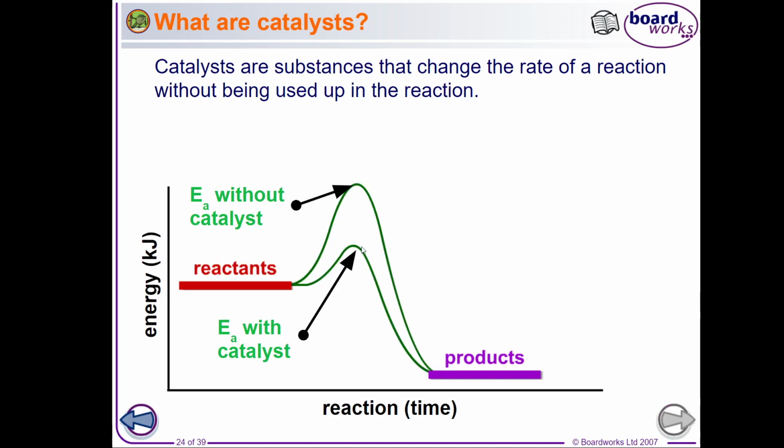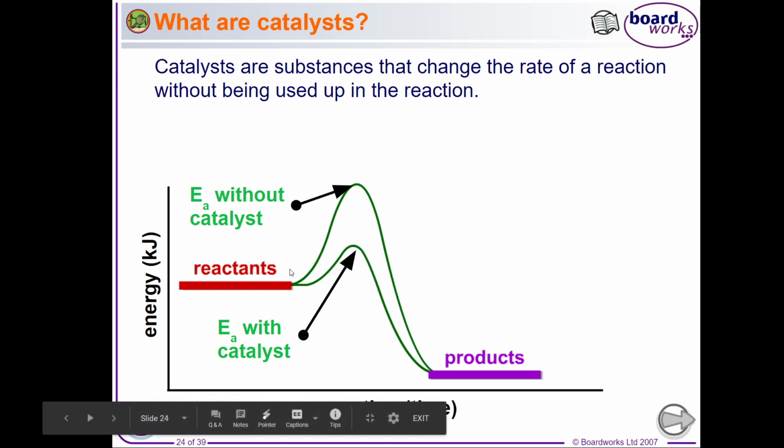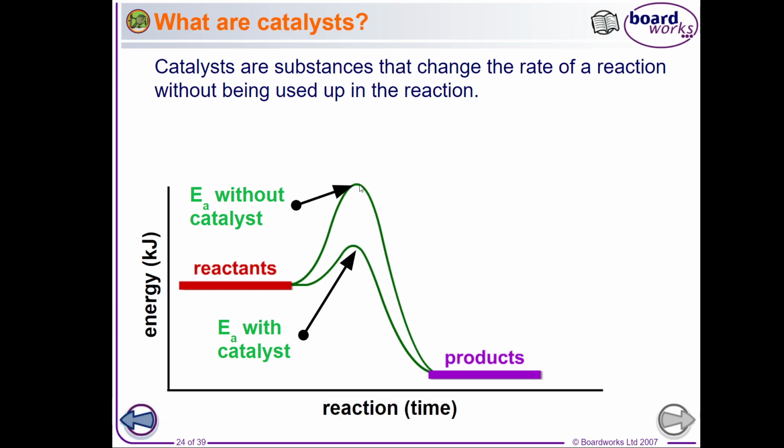Next is catalysts, and we're going to have a whole other section on catalysts as well. But catalysts are things that help to lower the activation energy. This is an example of the activation energy without a catalyst, and this is the activation energy with a catalyst. Therefore, if you add one, a greater number of your reactants will have enough energy because they'll be at a lower energy here.